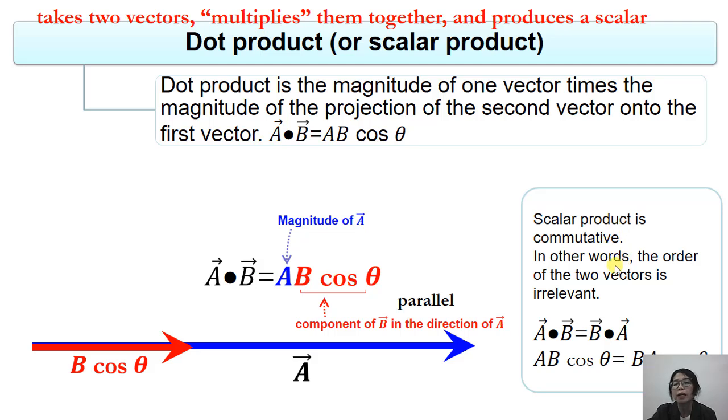In other words, the order of the two vectors is irrelevant. So A dot B is equal to B dot A. It doesn't matter which vector comes first.